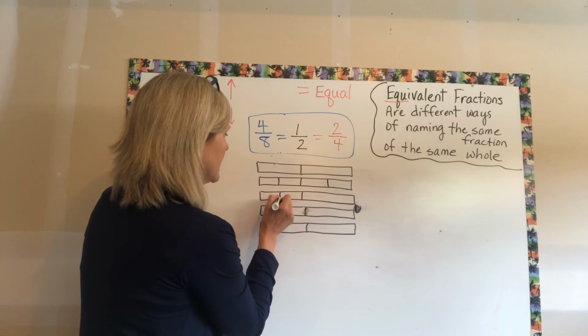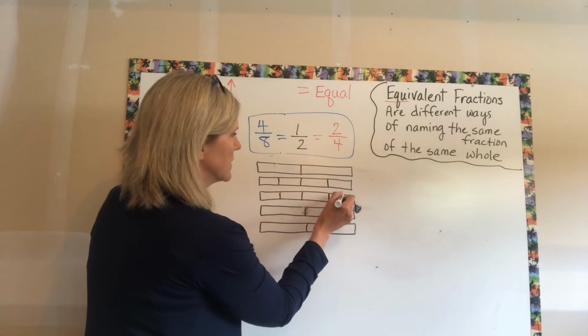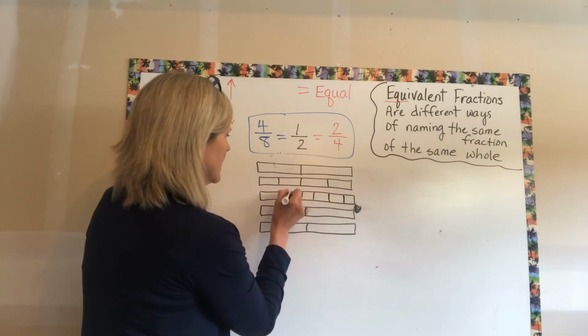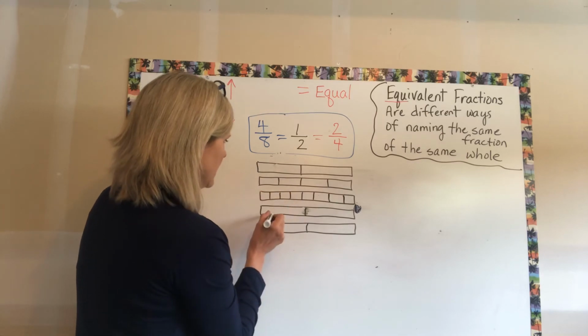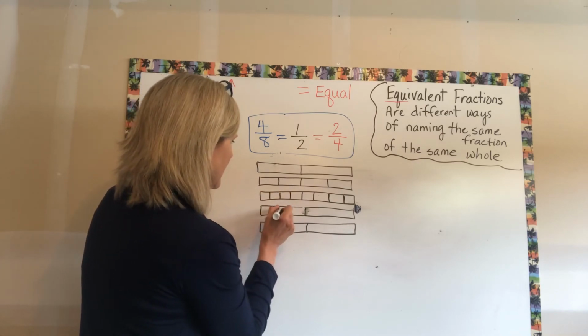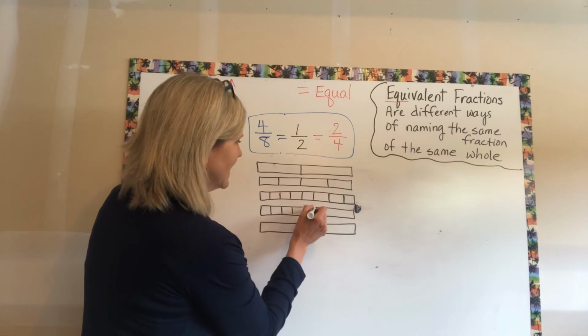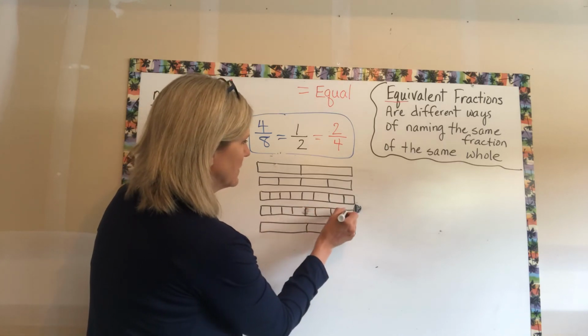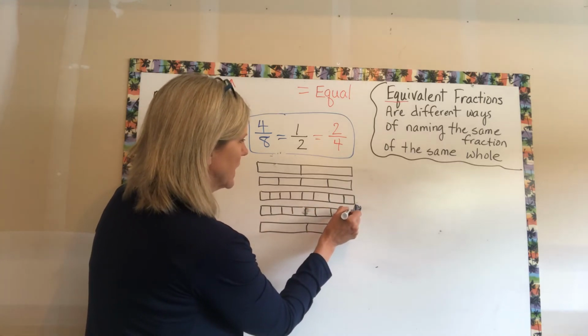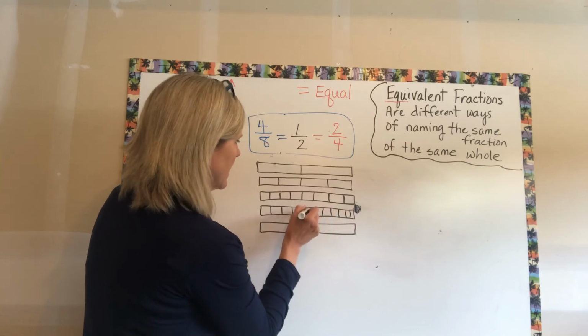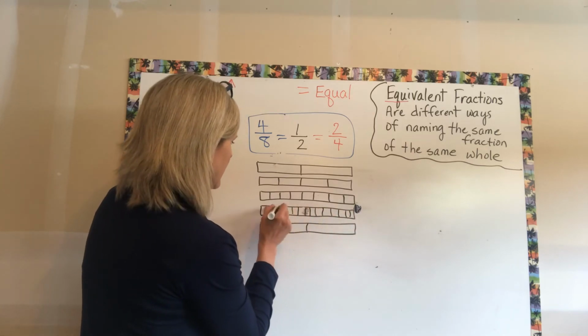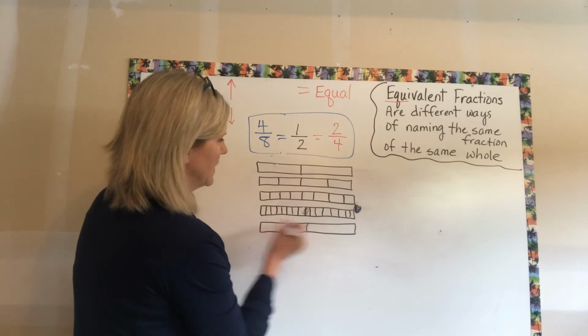Then they're gonna divide this one into 8ths. And then they're gonna divide this one into 16ths. They're giving you lots of ones to look at. Basically just dividing all of these in half. So now you have 16ths.